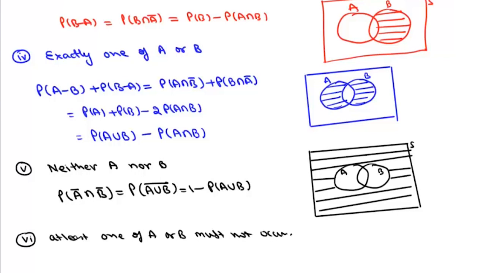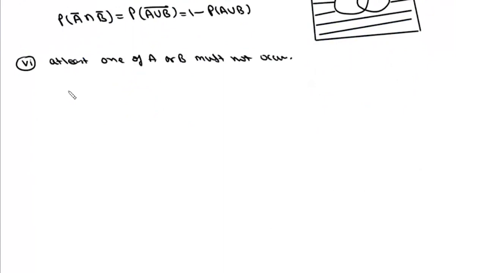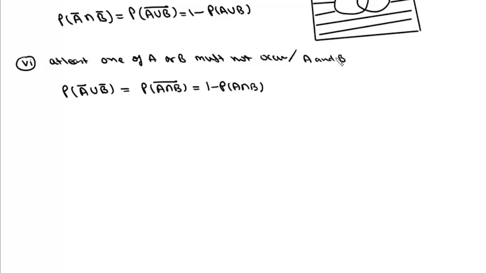That means we are talking about probability of A naught union B naught, and again from De Morgan's law we can write this as 1 minus probability of A intersection B. So another way to write this one is probability that A and B do not occur together.